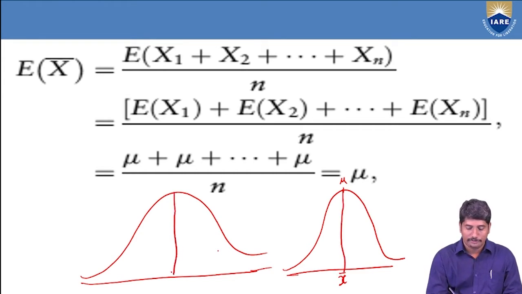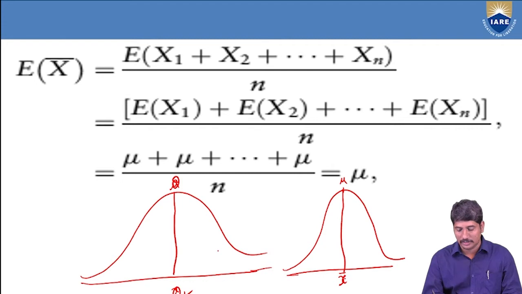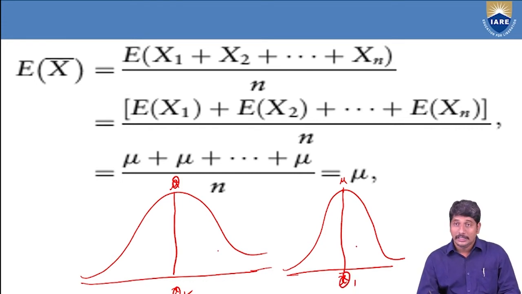Here also we are trying to find the value of mu with the help of, say, theta. This is theta 2, this is theta 1. Here, on either side of theta 1 the data has been spread equally, right? Here also, on either side of theta 2 the data has been spread equally.